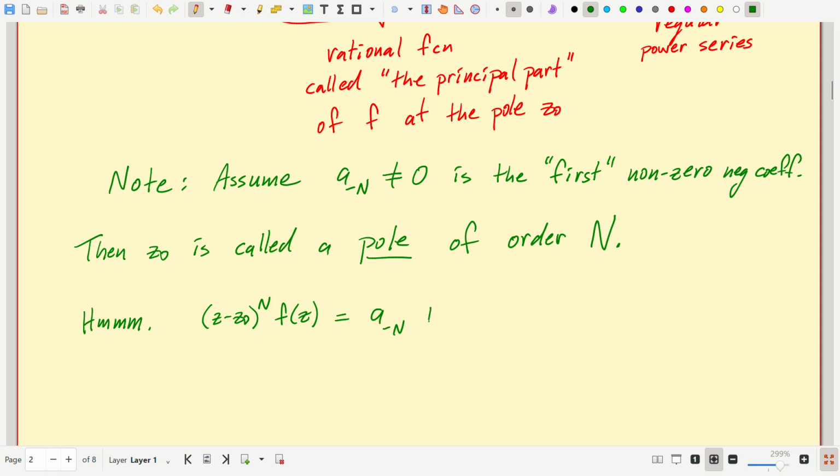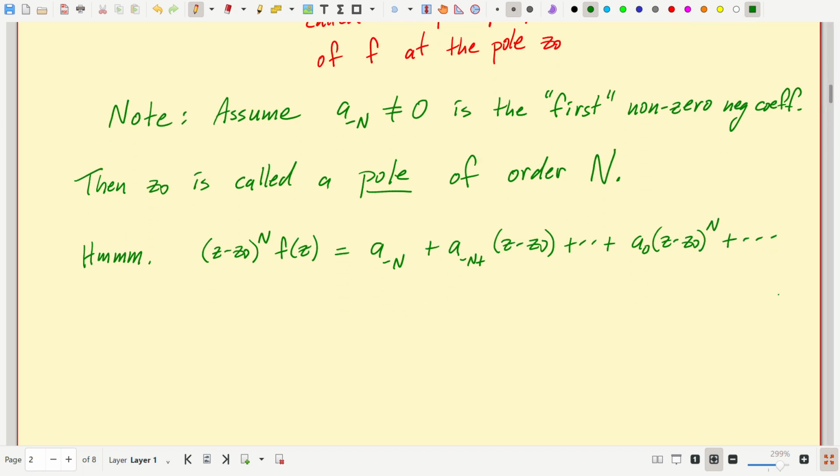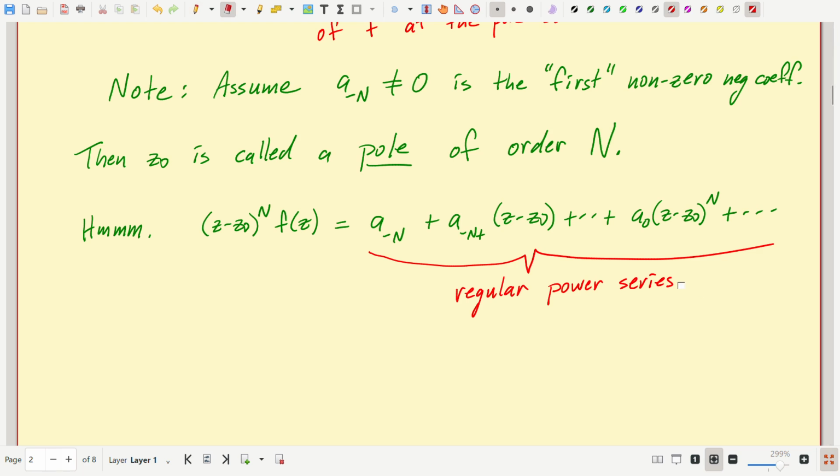And then the next one would be a minus n plus 1 times z minus z naught plus dot, dot, dot. And we'd have a naught times z minus z naught to the n plus dot, dot, dot. That's a power series, and so of course it converges on the same z's that the Laurent expansion did, with a positive radius of convergence.